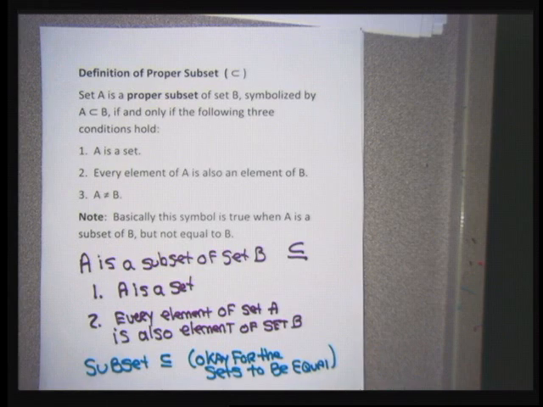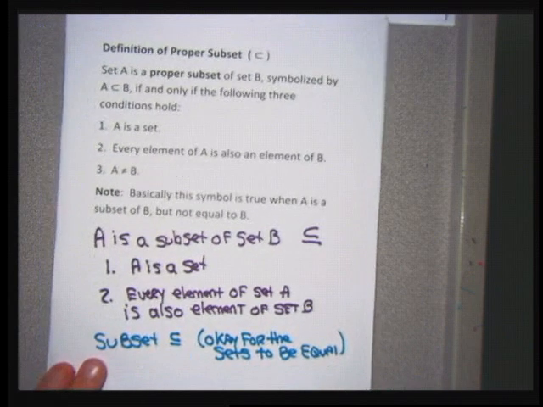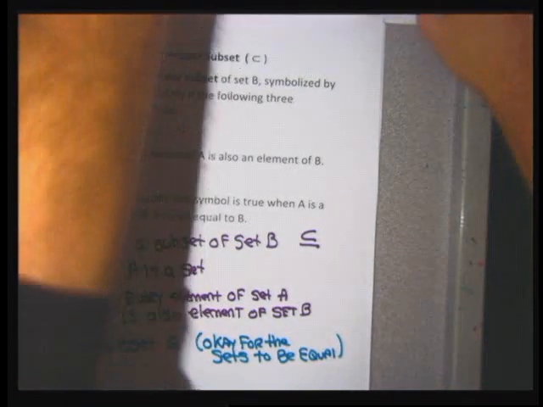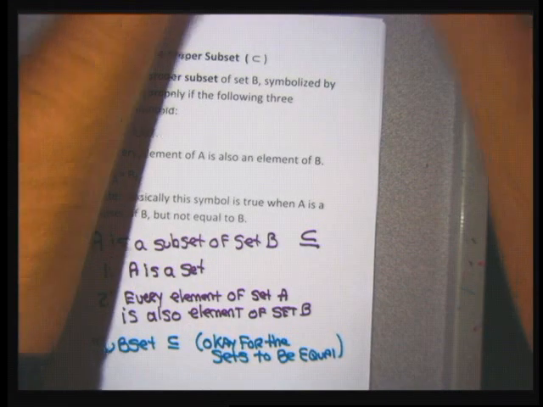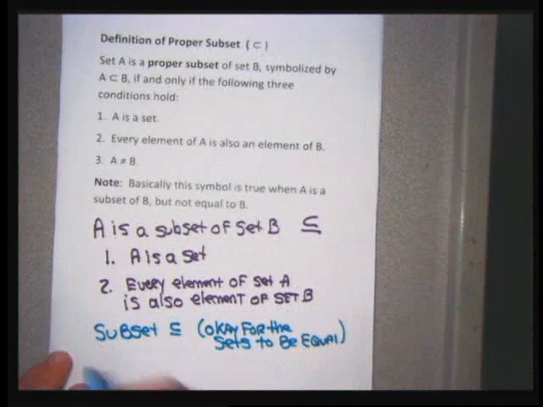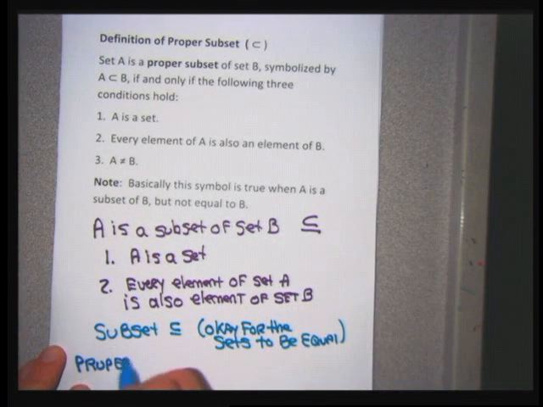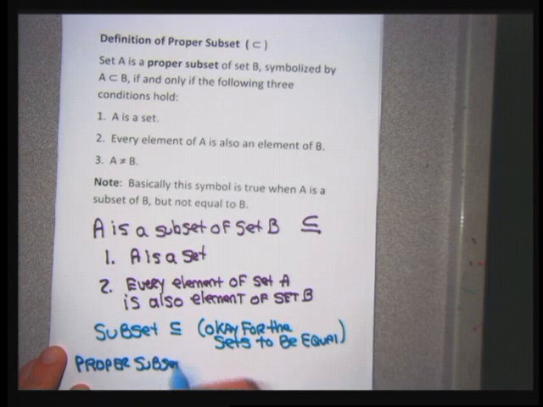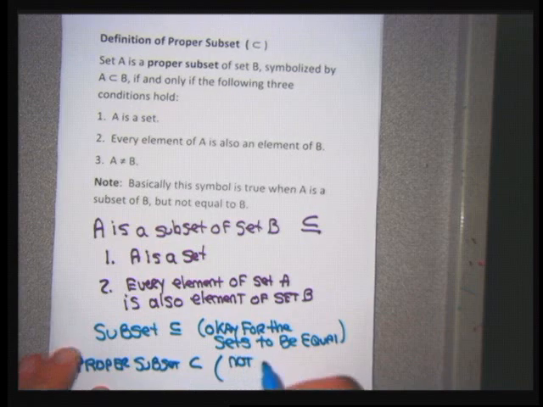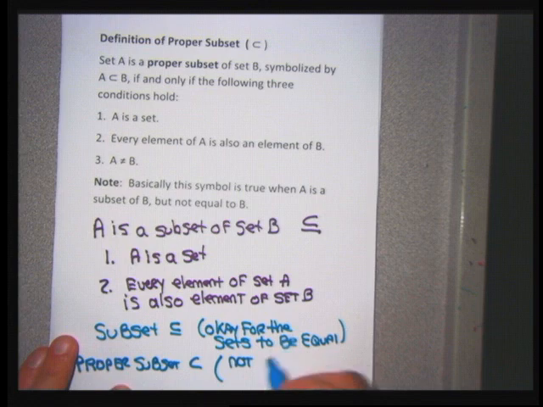If I see that symbol, the sets are allowed to be equal. If I see the symbol for the proper subset, it's not okay for the sets to be equal. If the sets are equal, and if I'm asked, is A a proper subset of B, I'm going to say no.